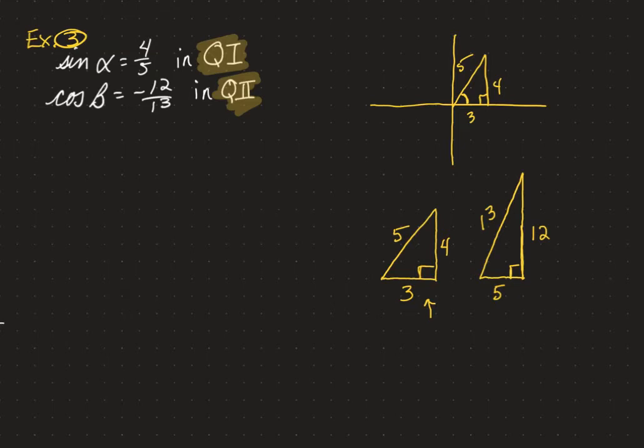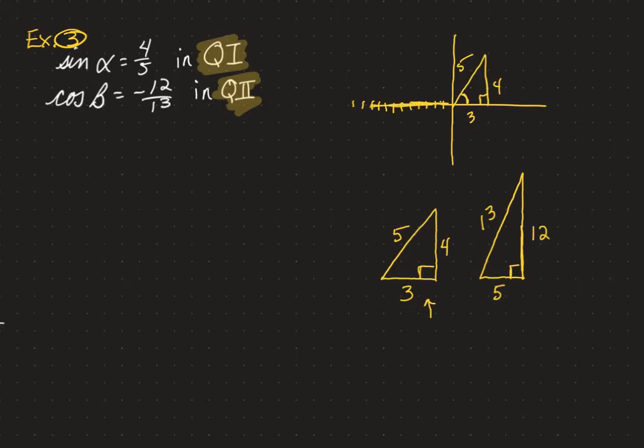And then the cosine of beta, beta is in quadrant 2 because it says so. We're looking at the cosine. That's adjacent over hypotenuse. So this is negative 1, 2, 3, 4, 5, 6, 7, 8, 9, 10, 11, 12. Negative 12. And then the hypotenuse is 13.